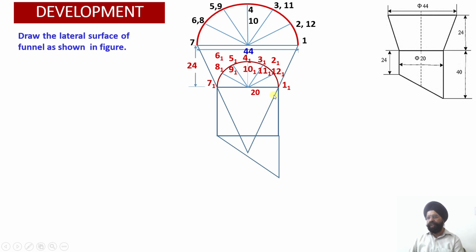For the bigger cone, the slant length should be this much. Now since I know the slant length, I can draw the arc starting from point O. Please check, starting from point O, I have this true length of the slant edge of this particular cone, which is this one. So using this as the radius, I have drawn a large arc over there.